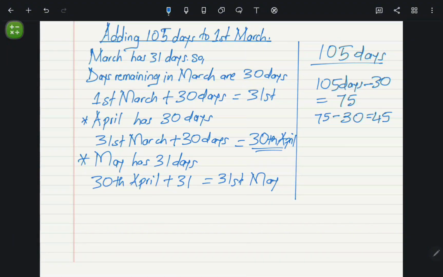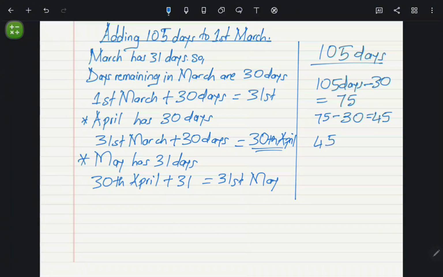That when you add 31 days to 30th April, you're going to end up with 31st May. So now we remove the 31 that we've added onto May from 45, because right now on our right hand side we are remaining with 45 days.